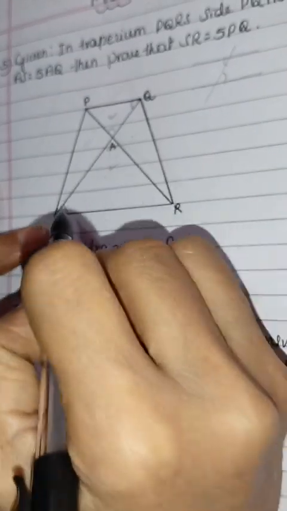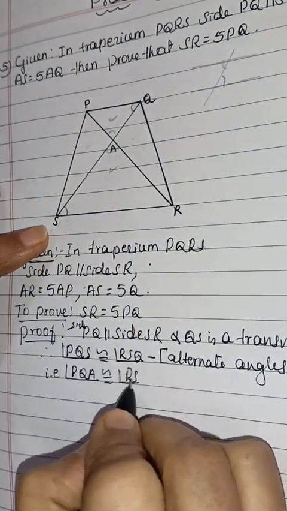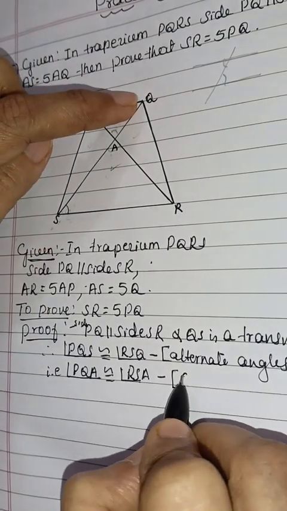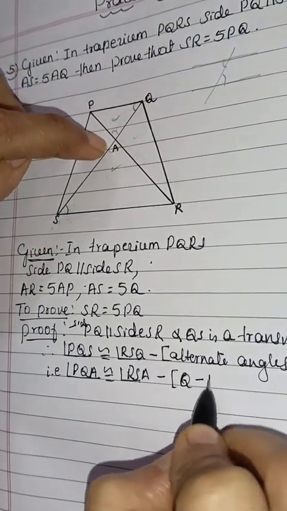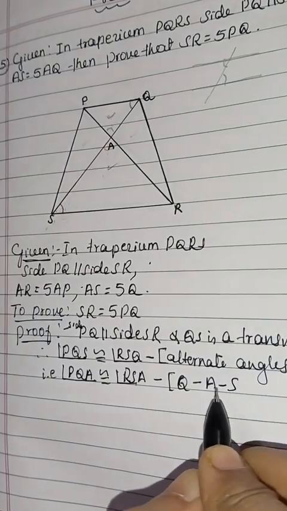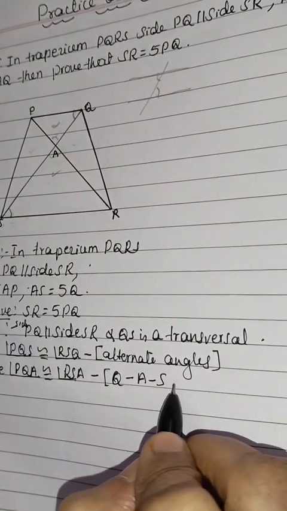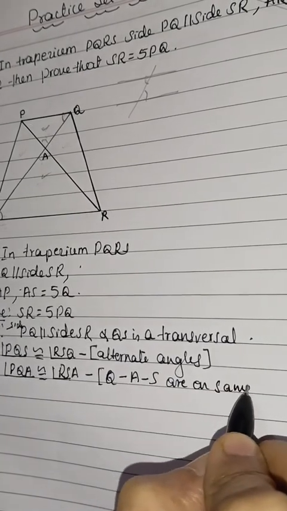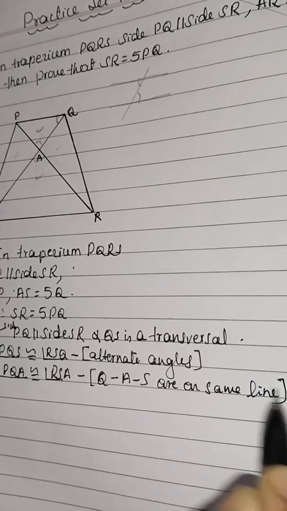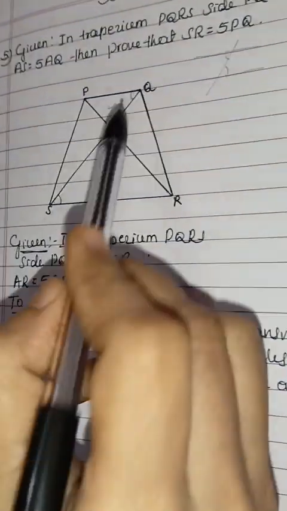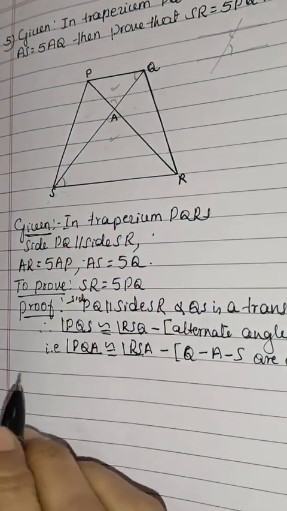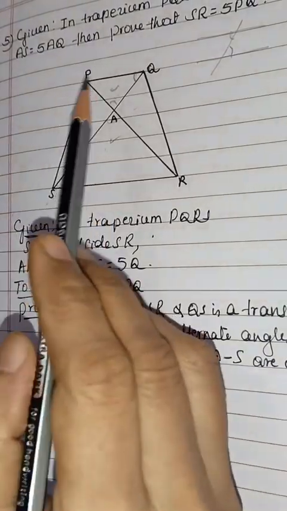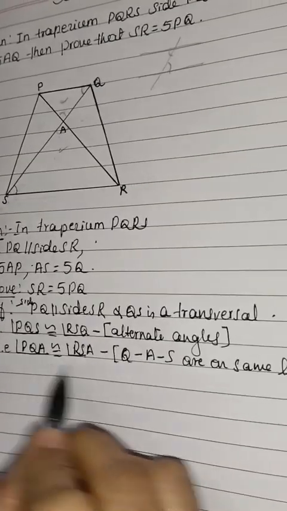Instead of RSQ, write RSA, because Q, A and S, these 3 points are on the same line QS, because Q, A, S are collinear points. This is equation number 1.